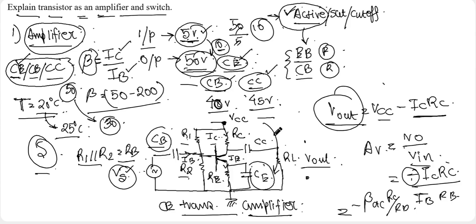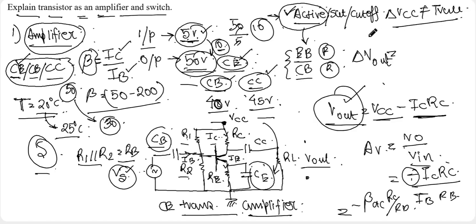So we can see here this V output is equal to VCC minus ICRC. Okay. But if we write the change of output voltage, which is denoted by del of V out, this is the change in the output voltage. It will be represented as del of VCC minus RC del of IC. But del of VCC is not true, because the VCC is a fixed voltage supply, which in most of the cases is equal to 15 volt.